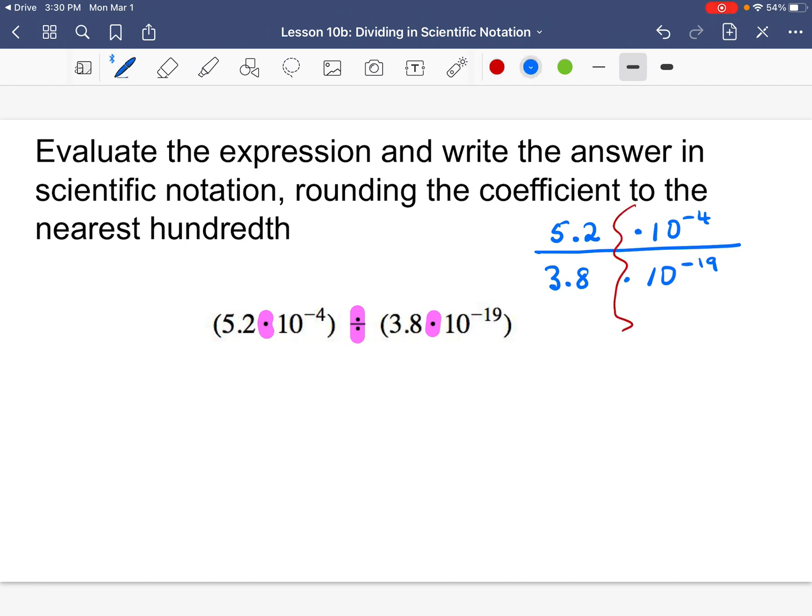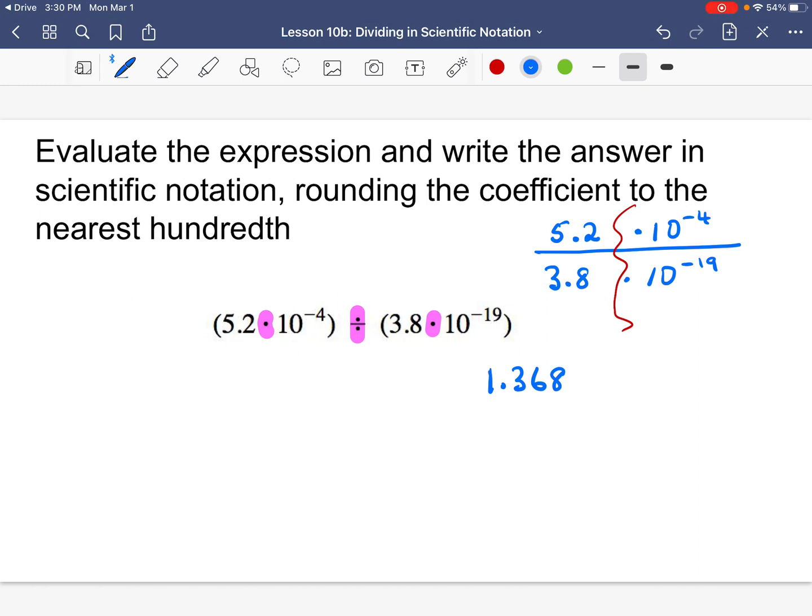I'll start off with the coefficients. 5.2 divided by 3.8, when I divide those, I get 1.368, and I'm going to leave it at that. It's a lot of numbers, and I'm checking this is appropriate for scientific notation because the number is between 1 and 10.